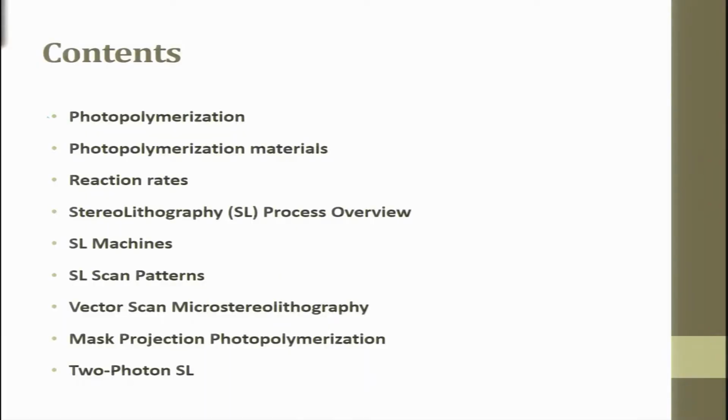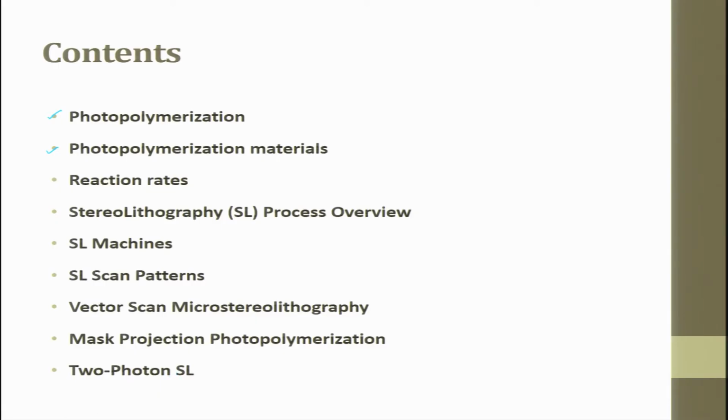First we will try to see polymerization, that is photopolymerization, then photopolymerization of materials, then reaction rates, and then we will start looking into various processes: stereolithography, and we will see a machine in stereolithography, then the different scan patterns, vector scanning, then the mask projection photopolymerization process, and at last the 2-photon stereolithography processes.